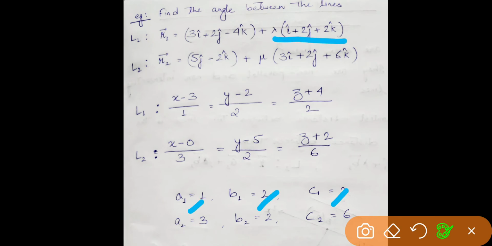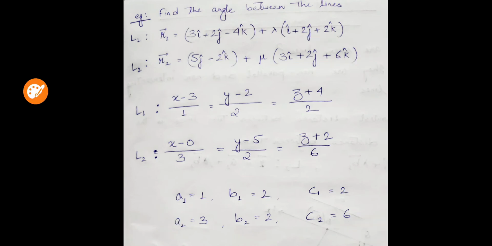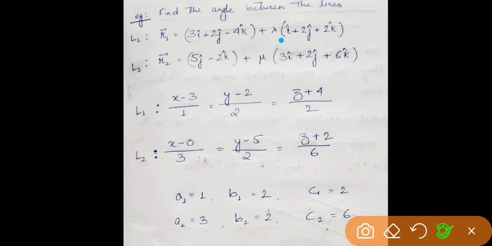These are the b1 vector and b2 vector, but these are the direction ratios, a1, b1 and c1, a2, b2 and c2. So you can clearly see that a1 is 1, b1 is 2, c1 is 2, and a2 is 3, b2 is 2, c2 is 6.